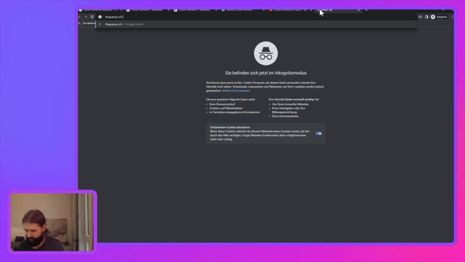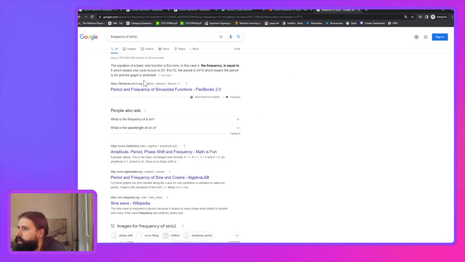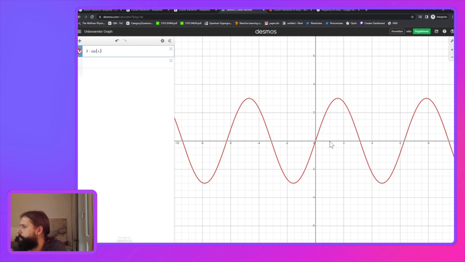Frequency of the sinus function. Oh, 1, okay. Okay, so one cycle occurs in 2 pi. Oh yeah, okay, so you're measuring it against 2 pi. That's here, right?